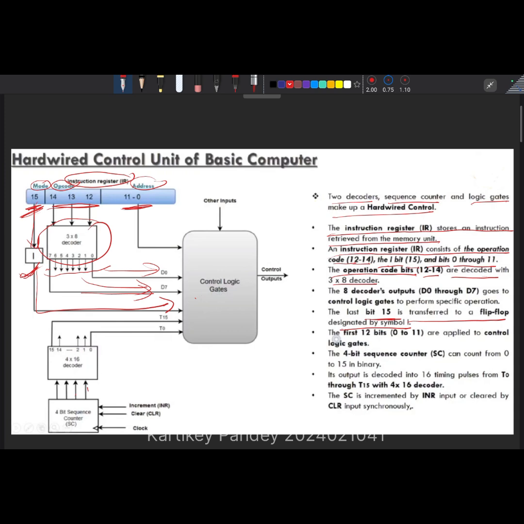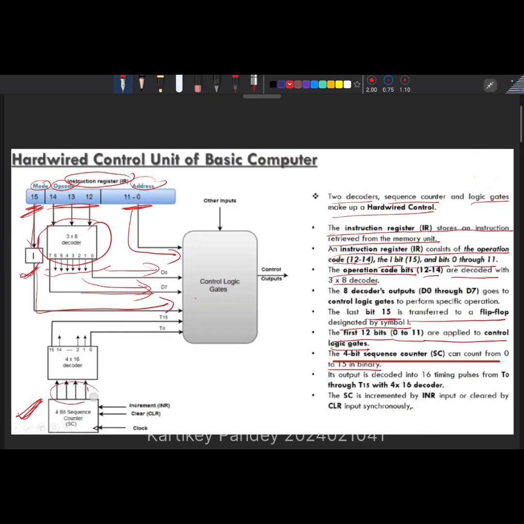Now, the first 12 bits 0 to 11 are applied to the control logic gates. Here, the 0 to 11 bits are directly applied to the control logic gates. Now, the 4-bit sequence counter can count from 0 to 15 in binary. Here we have the 4-bit sequence counter.